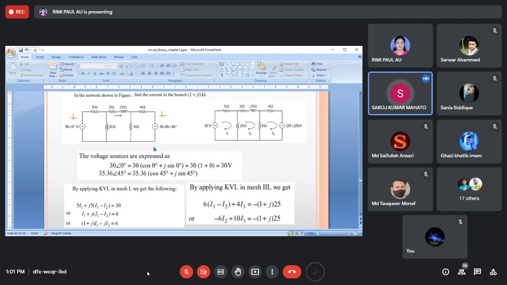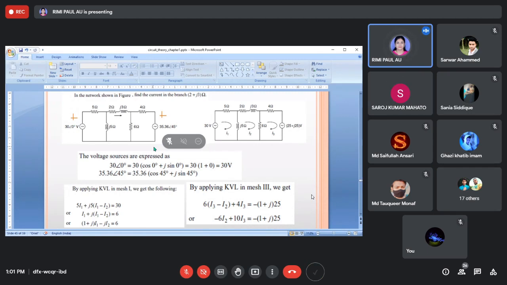Ma'am, 5I1 plus J5I1 minus J5I2 equal to 30.